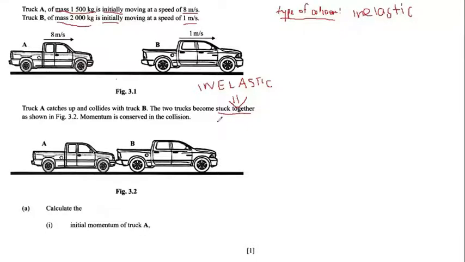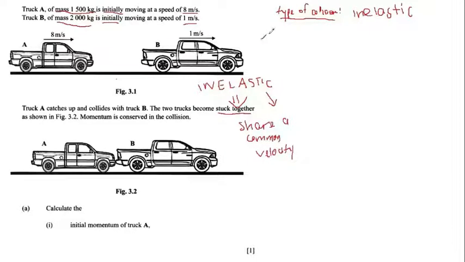So some other keywords will tell you whether it's elastic or inelastic. For inelastic, you may also see after collision, they share a common velocity, or they move off with a common velocity. All of those are your keywords to tell you that it's an inelastic collision, okay?